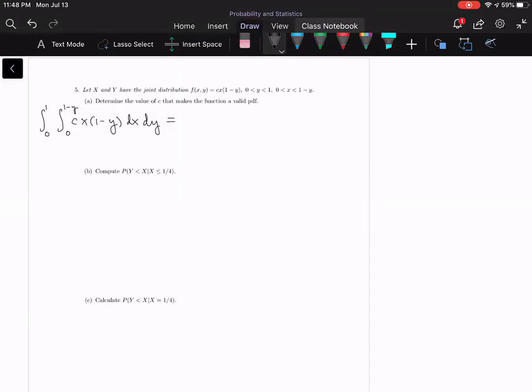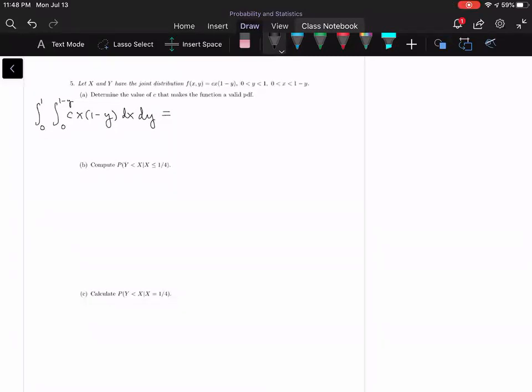When I integrate this, I am going to get the integral from 0 to 1 of c times x squared over 2, times 1 minus y, dy, where the x part is evaluated from 0 to 1 minus y.